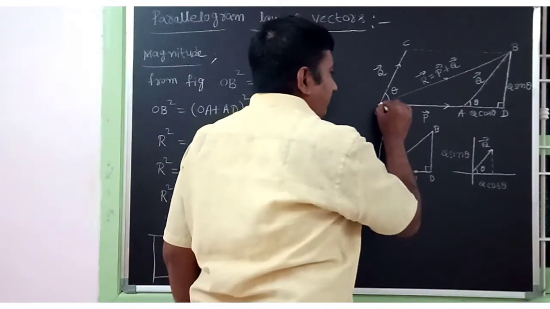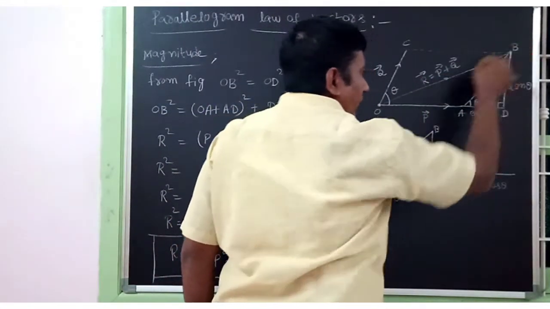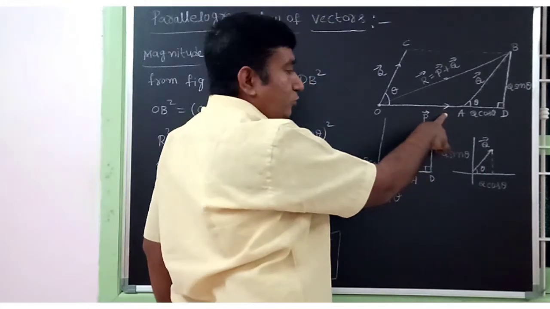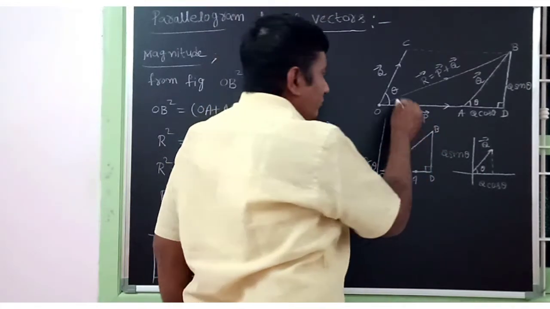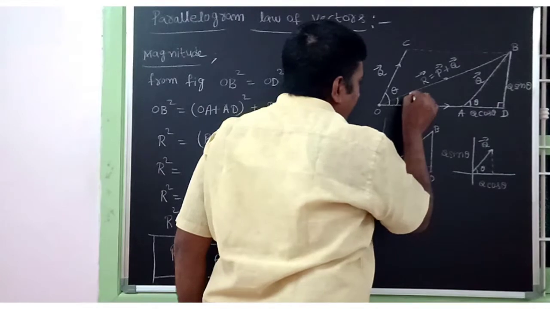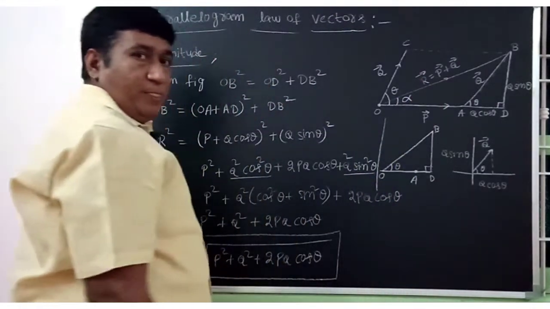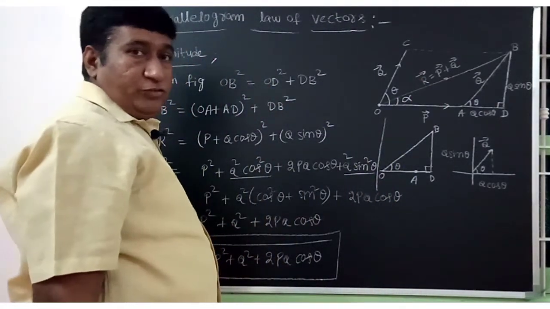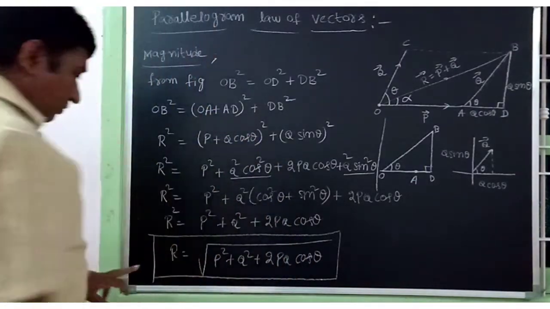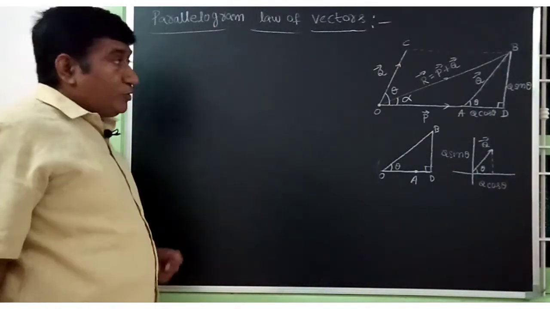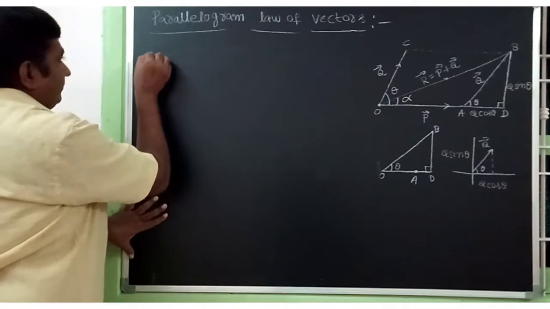The direction is the angle the resultant R vector makes with respect to the P vector, which I take as alpha, and we are going to find that alpha value. So this is clear? Okay, next is direction.